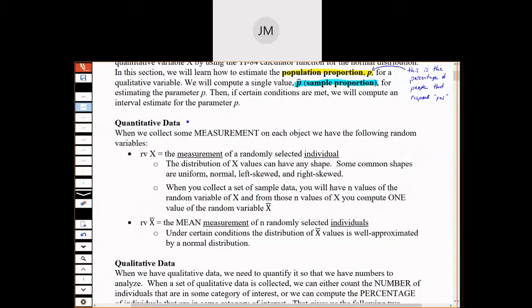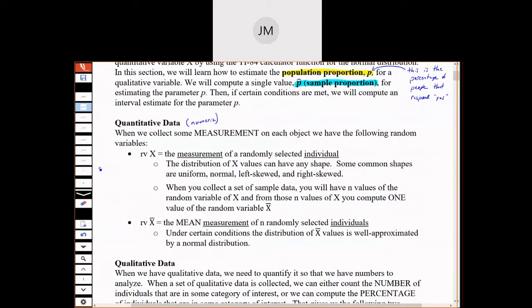If I look at quantitative data, remember this is the numeric, then my random variable x is going to be some measurement of a randomly selected individual. So we might ask people, how long does it take you to do your homework?